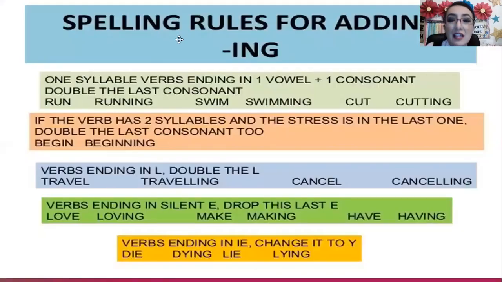Cool. Let's continue with the spelling. That is going to be one of the most important things that we are going to guide. Spelling rules. Remember, ending one syllable verbs, ending with one vowel and one consonant, double the last consonant.